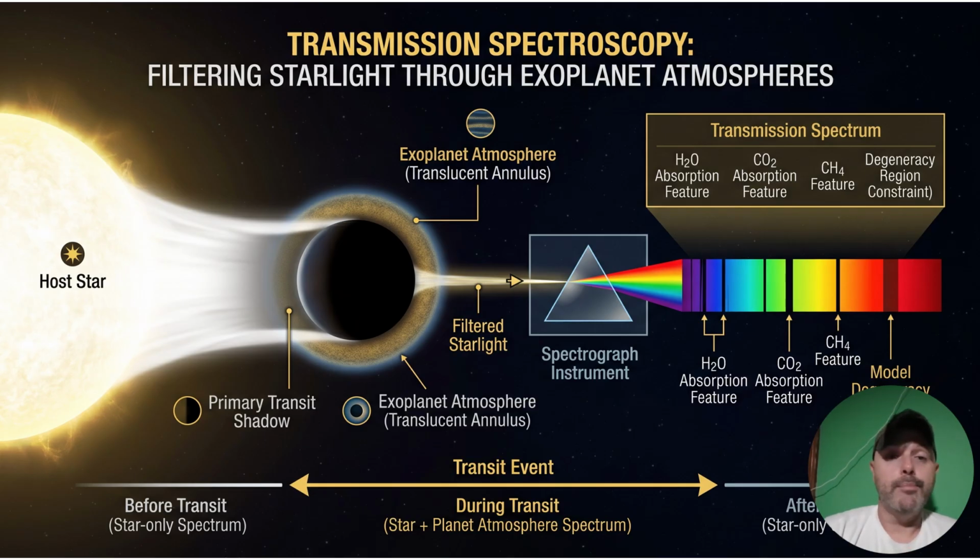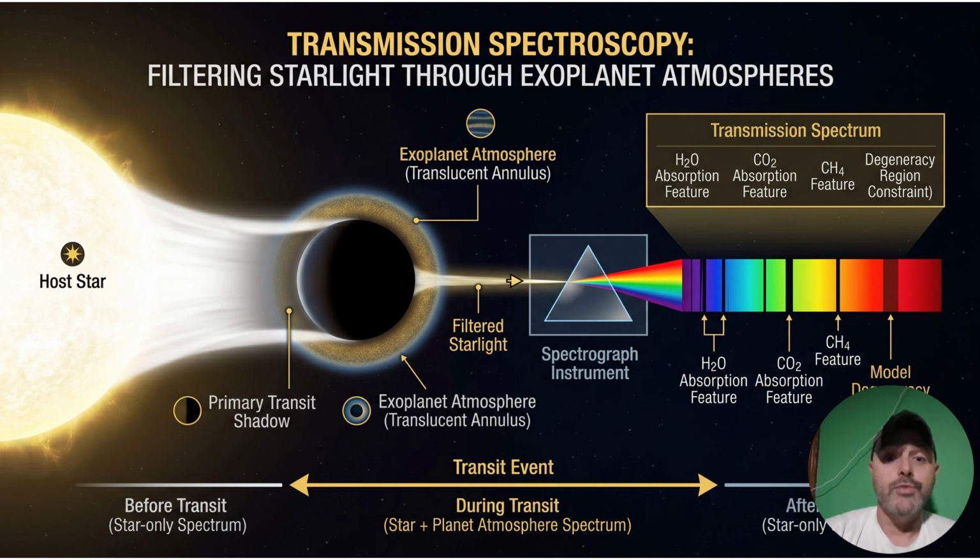So the primary method or tool is transmission spectroscopy. During a transit, the host star acts as a backlight, and as light filters through the translucent annulus of the exoplanet's atmosphere, while the solid body of the planet blocks out the light, we can read the light that's coming through the atmosphere, and specific molecules absorb distinct wavelengths.